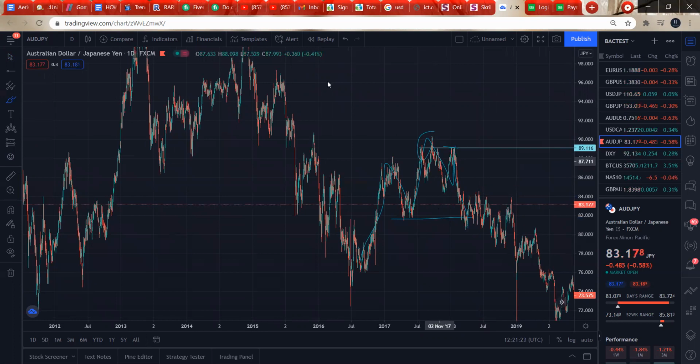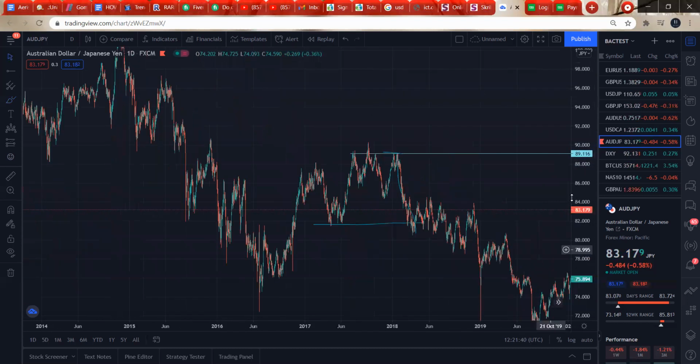So when this impulse breaks the lows, it signifies that we might be ready for a change in trend. So now we're going to be looking for sell positions.